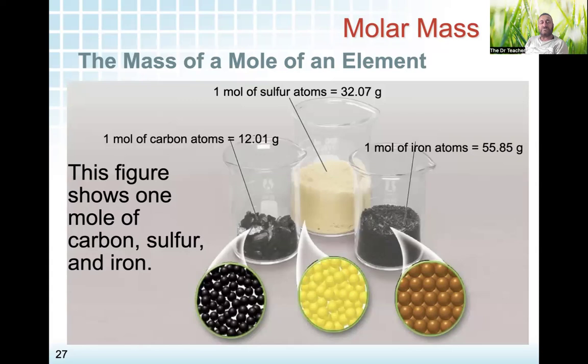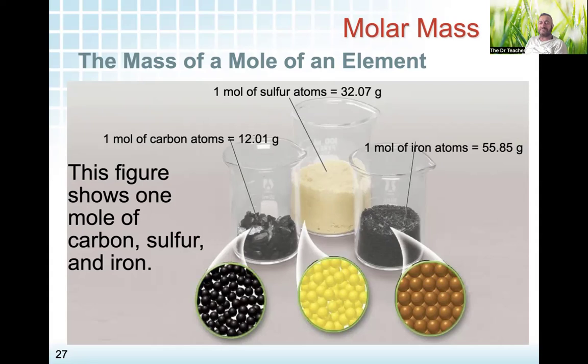This figure shows 1 mole each of carbon, sulfur, and iron. To the left, the black one is 1 mole of carbon atoms, and its weight is 12.01 grams. The other jar in the middle is yellowish: 1 mole of sulfur is 32.07 grams, which is the weight of sulfur in the periodic table.